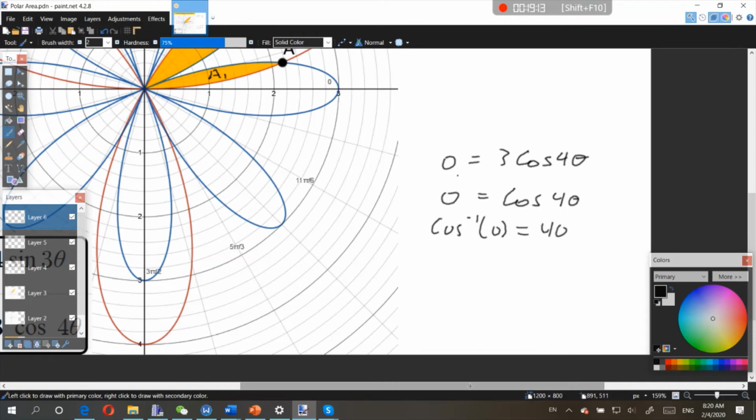Pi over 2 and 3 pi over 2 and a couple others equals 4 theta. So I could divide everything by 4 and I would start getting my angles. That's pi over 8 is the first time that's going to happen, and 3 pi over 8. And then pi over 8 plus pi fourths times n will give me another point where we hit 0, right?